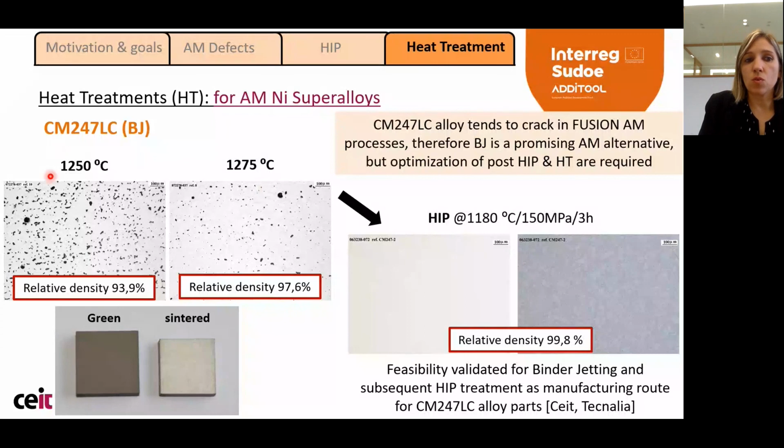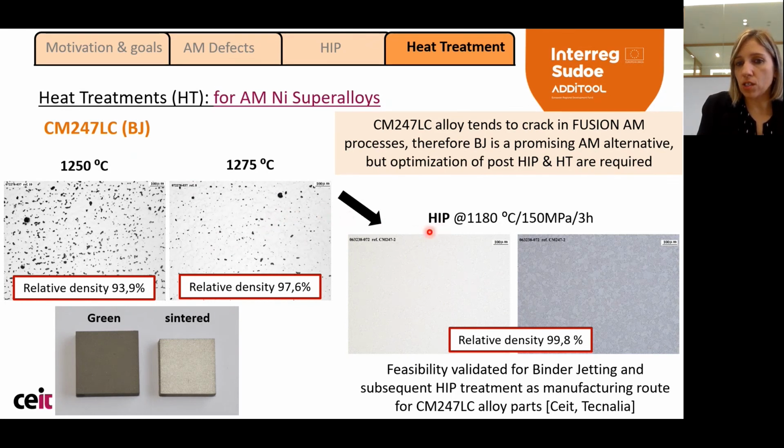However, when we do the sintering in AM, even if we optimize this sintering process and we are able to reduce the porosity by a high amount, we still have these defects in the material and it's needed to post-process it.